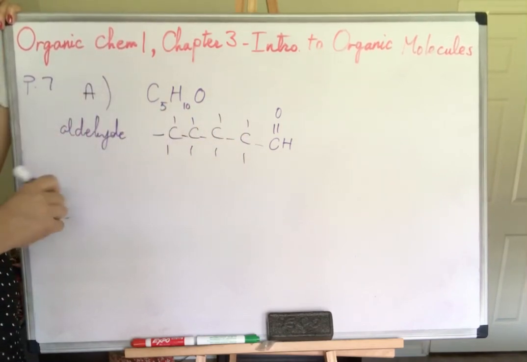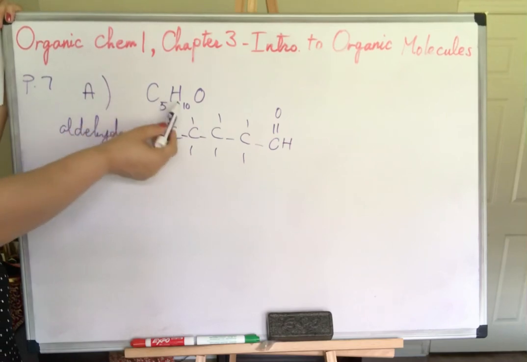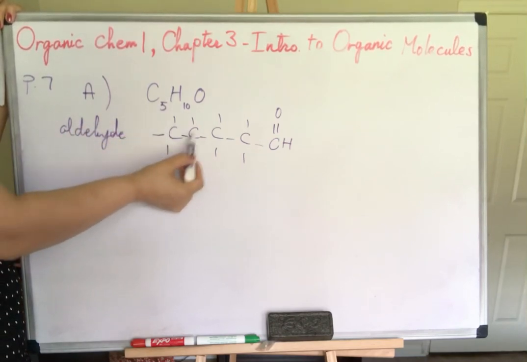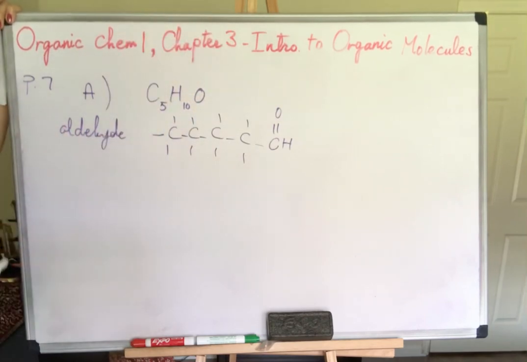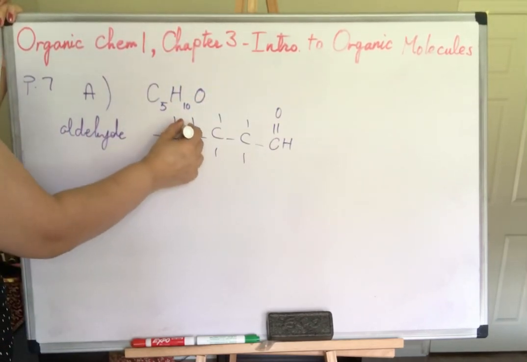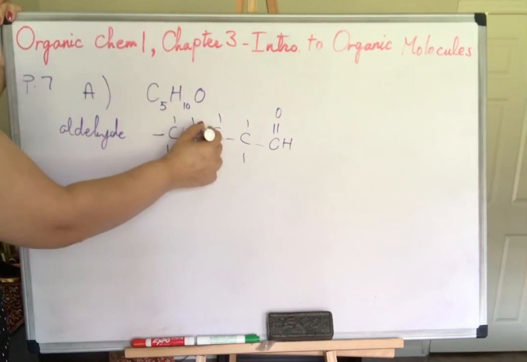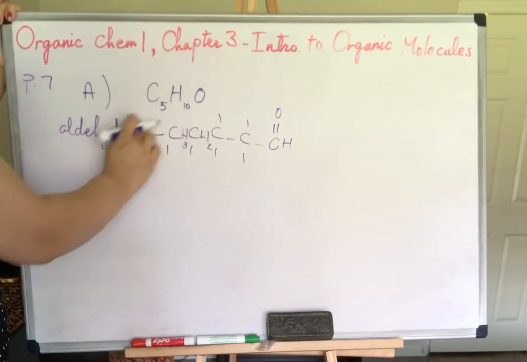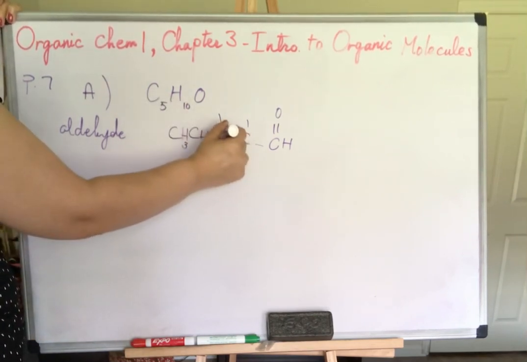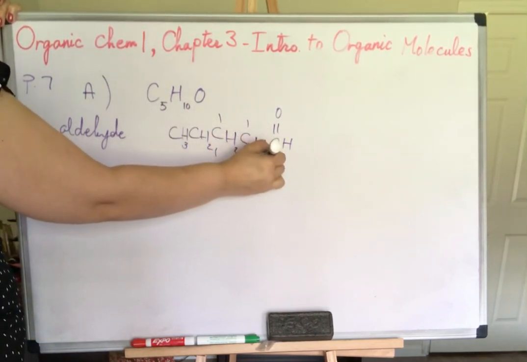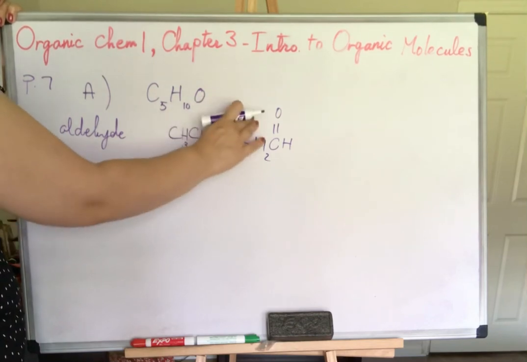Now let's double check if we have 10 hydrogens: 3, 5, 7, 9, 10. So this is a formula for an aldehyde. You can easily write it as CH3, CH2 instead of these lines. I just wanted you to see how I complete the octet. Then CH2, CH2, and that's it.